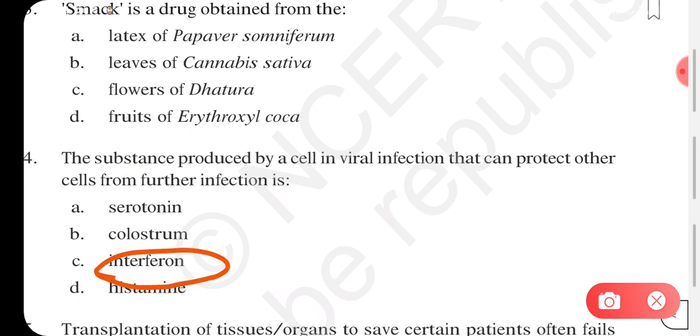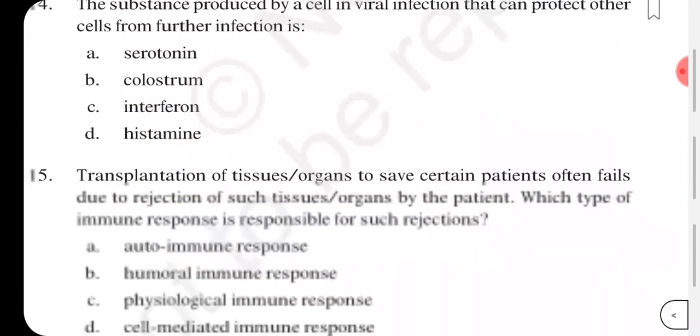Okay, so interferons are those that are produced whenever we get a virus infection, and what will happen, those interferons are going to not allow the virus to further proliferate or infect other cells. Okay, moving on to the next question.